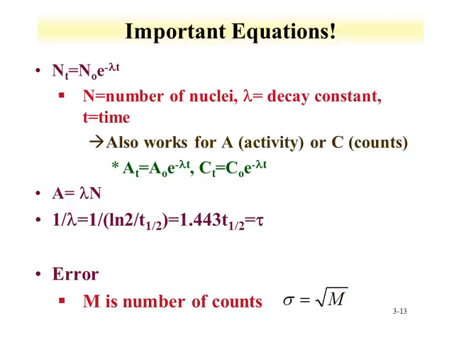So for 100 counts, I could say my count rate is 100 plus or minus 10. The square root of 100 is 10. That's my standard deviation, so this is an important term for doing experiments. And those are the important equations.